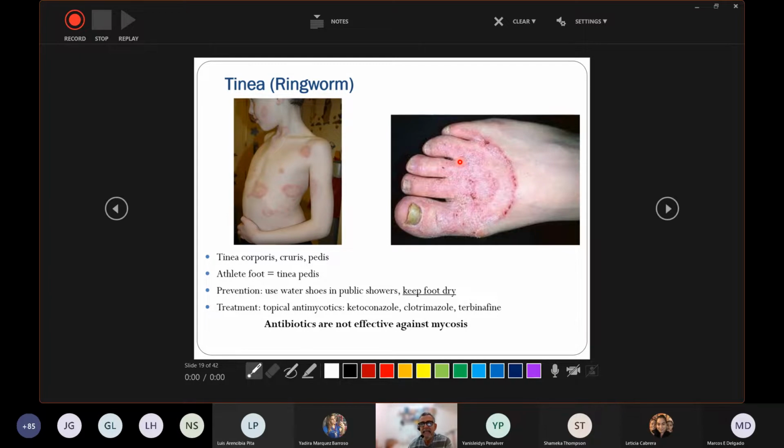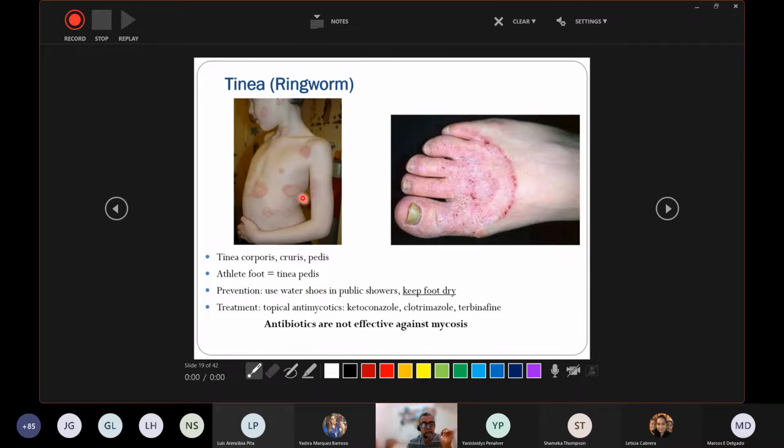There is a question in NCLEX about which time of the year tinea is more frequent, and you need to answer summer because people are sweating more. Tinea pedis is frequent in athletes, because athletes sweat a lot in the feet and use footwear that promotes sweat. You can have pictures and then you identify that as tinea.